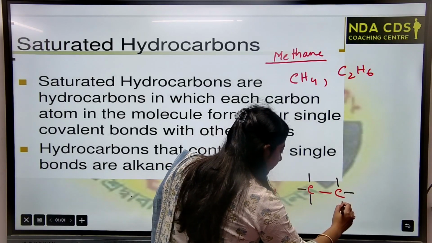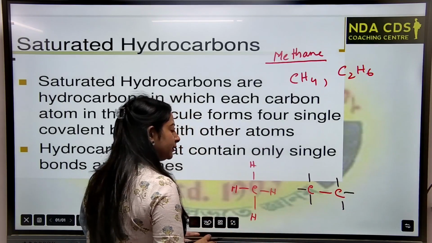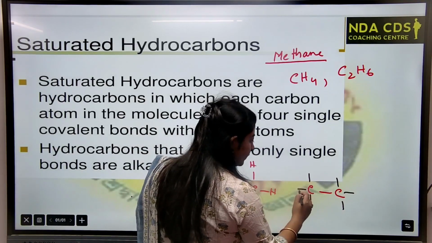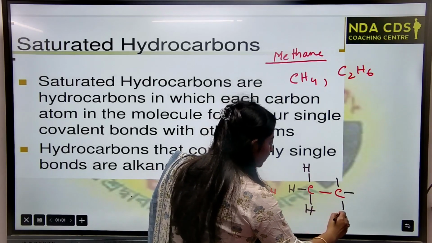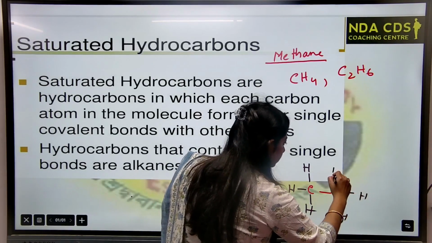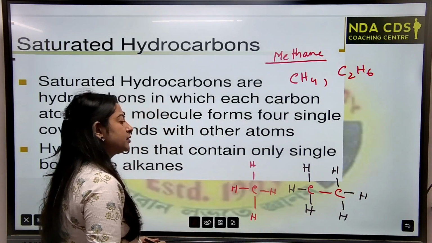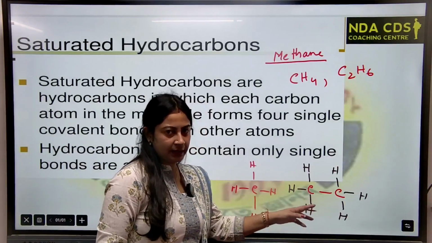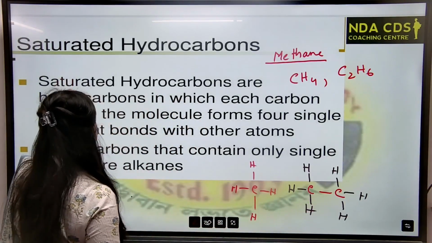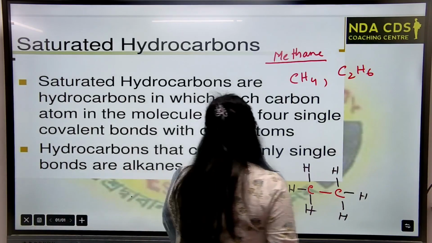These are the remaining 3 valency. तब कार्बन के पास 4 हाथ है, एक हाथ तो ये है, बाकी ये 3 हाथ है, तो here it will bond with the remaining hydrogen. This way we will draw. जब भी कार्बन किसी के साथ भी सिंगल बॉन्ड बना रहा है, then we will say it as saturated hydrocarbon.